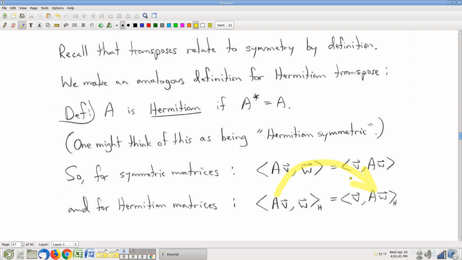But if it is its own conjugate transpose, you don't have to do anything, just like in the previous case. Nice feature, and this is the feature that we're going to use a lot. Hermitian matrices have the property that you can just whip them over to the other side in a Hermitian dot product and nothing changes. That's going to be a useful observation.